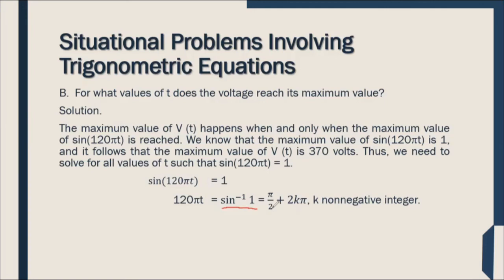Kasi sa sine 90, ang value ng ating sine 90 ay positive 1. Ang 1 period ng sine function ay in between 0 and 2 pi. So therefore, pwede natin gamitin yon. Kaya in general, ang magiging value natin ay pi over 2 plus 2k pi where k is non-negative integers.